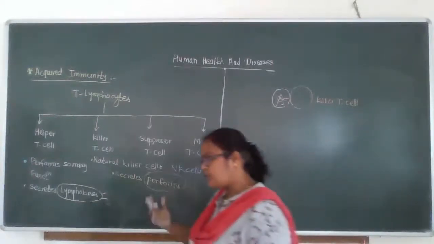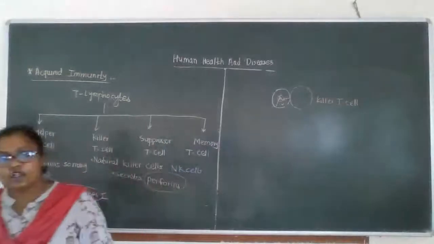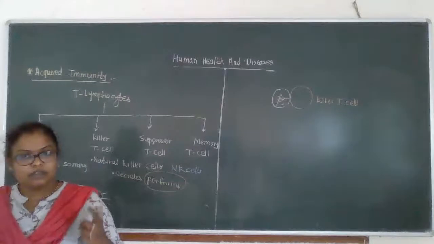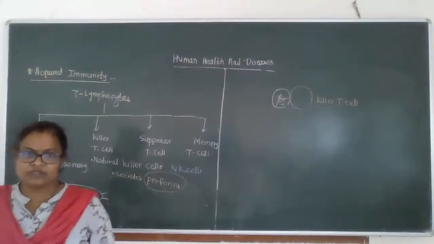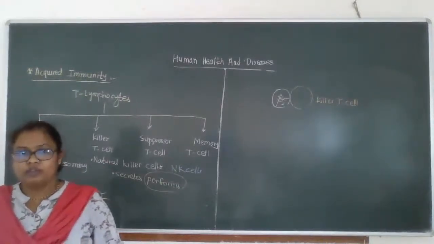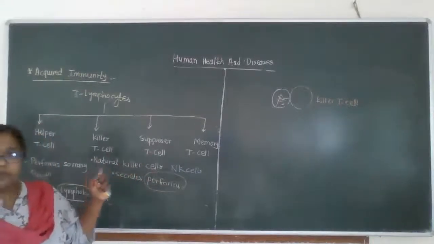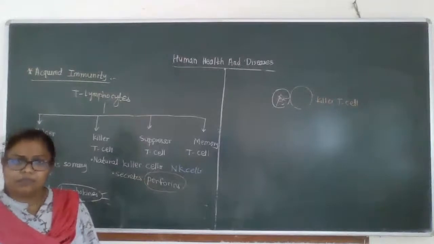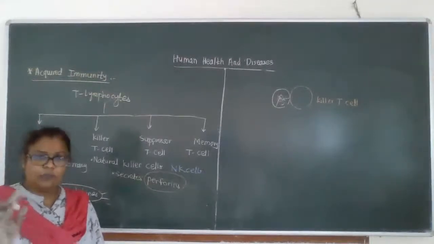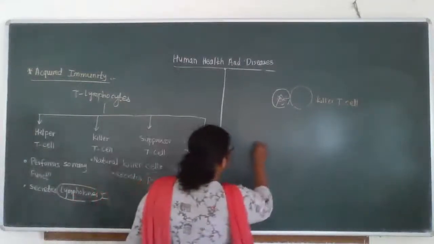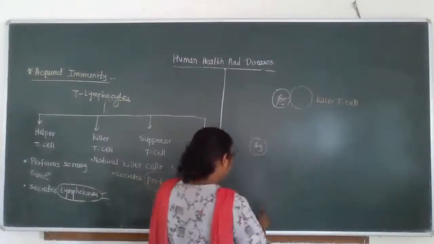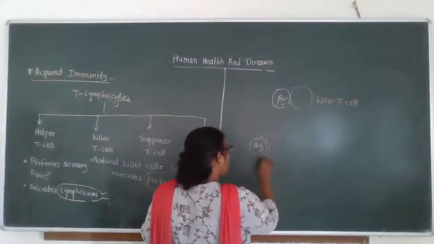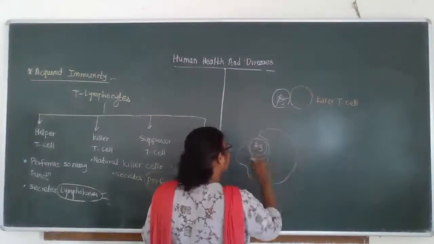Especially it works on the antigen also, and it destroys the cancerous growth in our body. So these are the natural killer cells releasing the perforins. Then the next one is the suppressor. Sometimes when the antigen invades our body, some cells engulf this antigen inside.